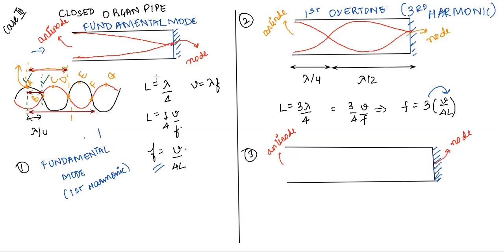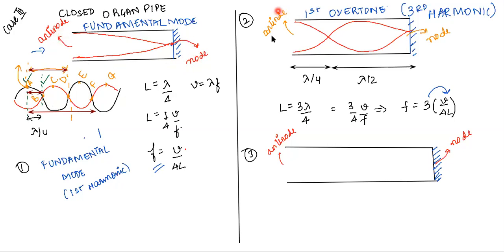We are always starting from point A only. Why? Because here at the open end, an antinode has to be drawn. So I'm seeing what are the ways of reaching from one antinode to another node, because at the closed end, always a node is formed, right? In the first diagram, I had to go from an antinode to a node.